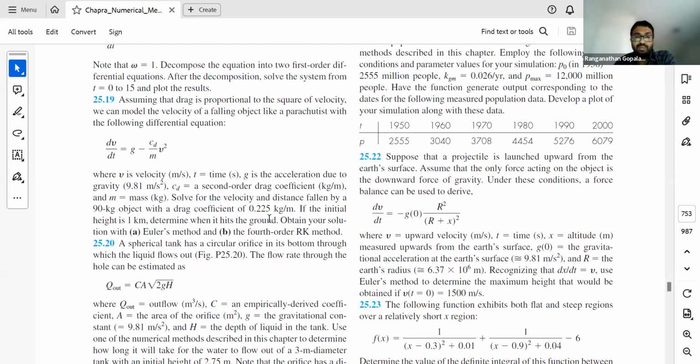So you just have to compute your numerical solution and see when your height, or your, say, z coordinate, becomes 0, okay? So what I'm going to do is just set up the problem and write it out as a second order ODE that you can solve, or a system of differential equations that you can set up.